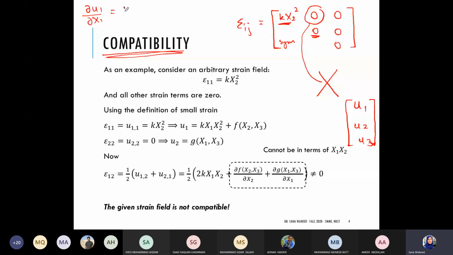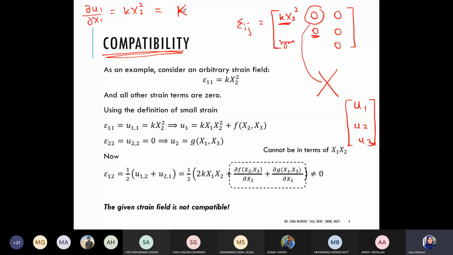Now please notice that this differentiation is with respect to x1. Before I integrate this, let me clarify. If we are looking at the partial derivative with respect to x1, then the other variables are considered as constants, right? So this is just as if I had some constant k, because I'm looking with respect to x1. That's my variable that I'm differentiating with respect to. So it's as if this was just some constant k.